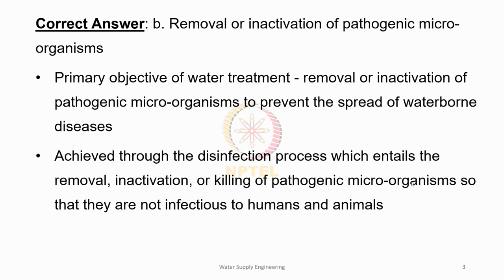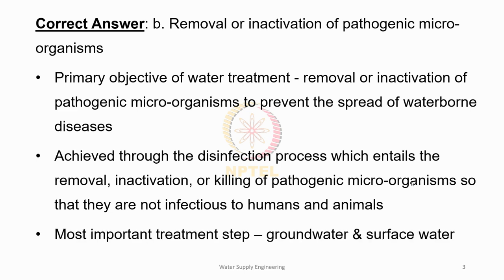So, this is particularly achieved through the process of disinfection, which includes removal, inactivation, or killing of pathogenic microorganisms so that they are not infectious to humans and animals. That is, the waterborne diseases are not spread.